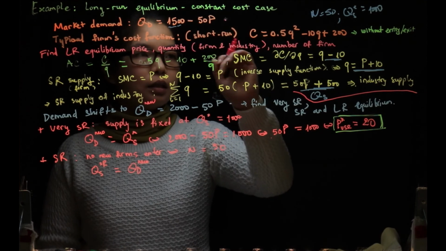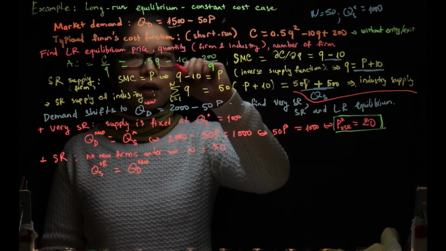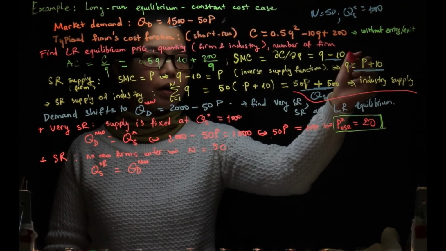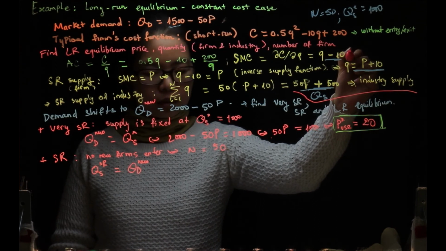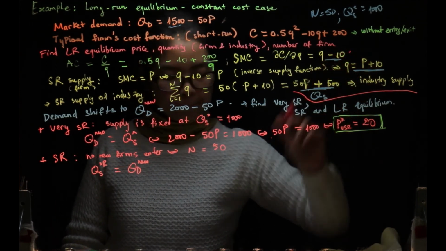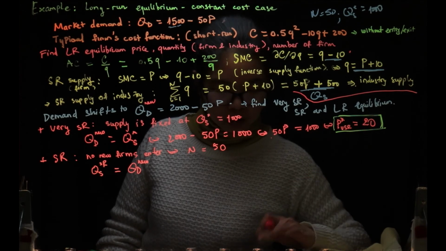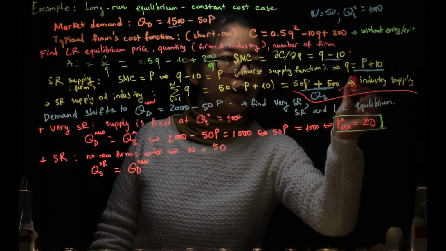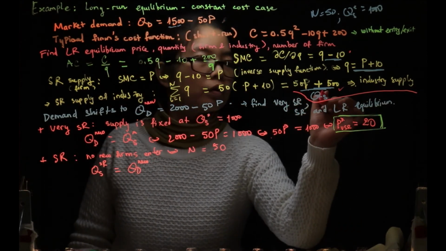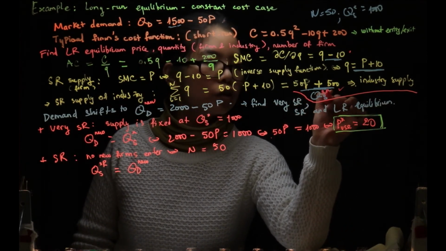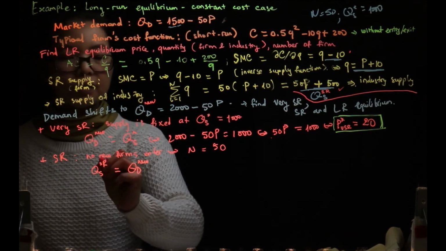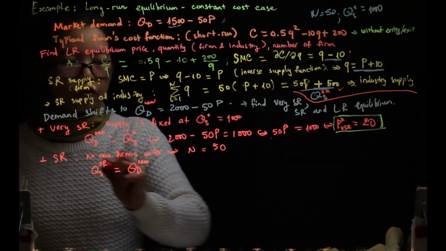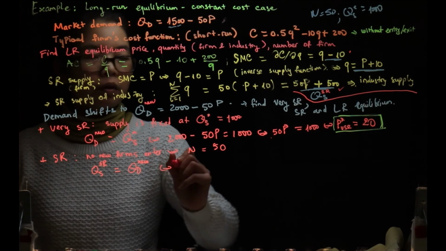Oh, sorry, this is not. This is the demand, but the short run supply curve is this short run, this one that I just derived here. Now, so here let's denote it as short run. So QS short run equals QD new.